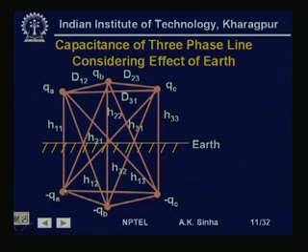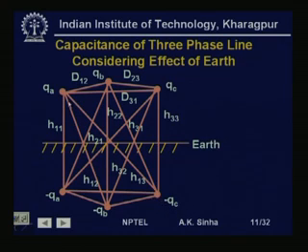So, this will be an image conductor with a charge which will be negative of that of the conductor here. Similarly, for phase B conductor, we have our image conductor with a charge minus Qb, and for phase conductor C, we have an image conductor with a charge minus Qc.